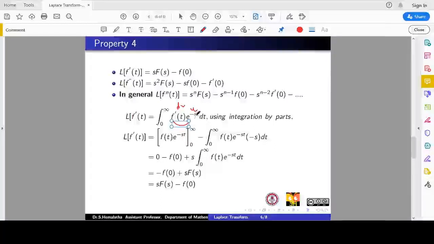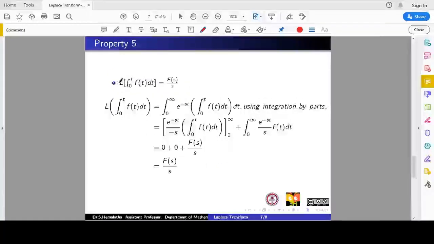When you do du, it's with respect to your t term. Okay, so you will be ending up in this result. Again here, e to the power minus infinity will lead to 0, but at the lower limit e to the power minus 0 will be 1. So I write f(0) because I don't know what the function is, and because we are at the lower limit there will be another negative. Okay, this is the first result. Likewise, keep on repeating the integration by parts, and we can prove the other results also.